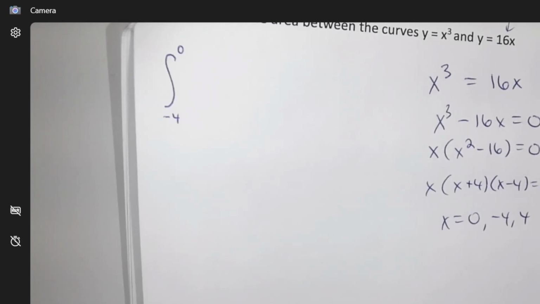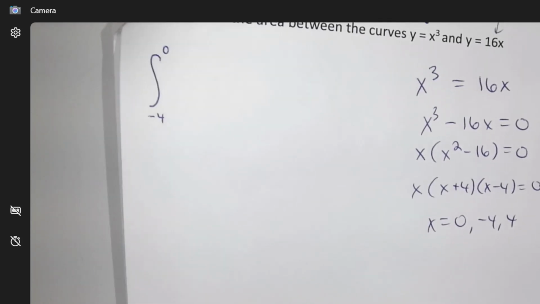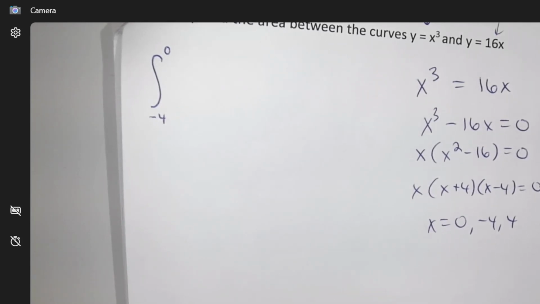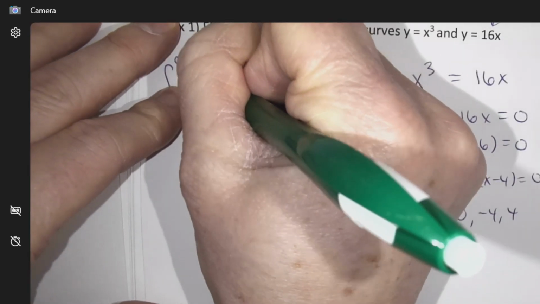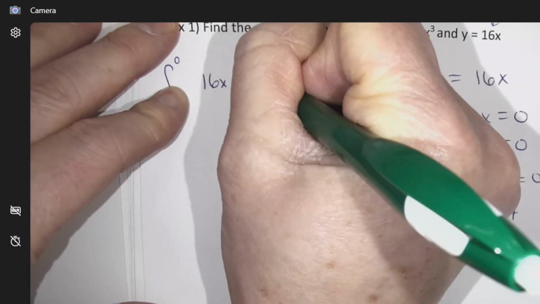Which area minus which area? Should you do the line minus the curve or the curve minus the line? Which one would have more area under it? The line has more area than the curve, if I'm talking about between the axis and the line. So the line minus the curve.